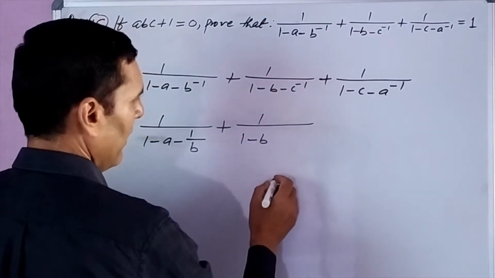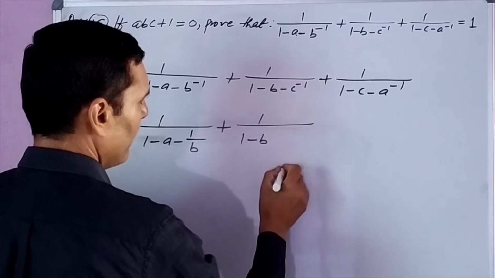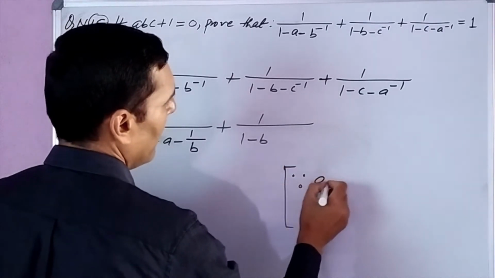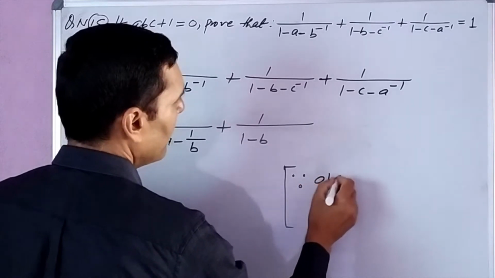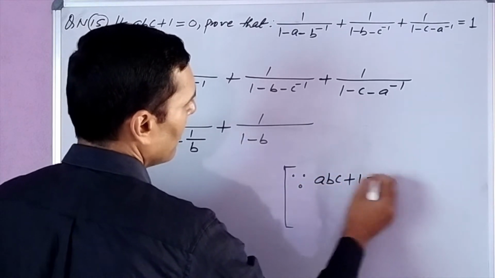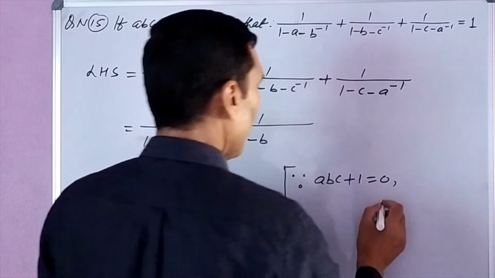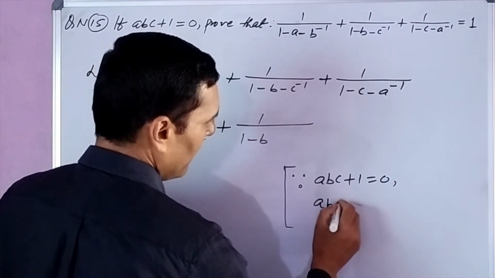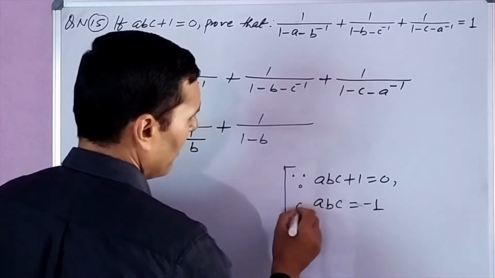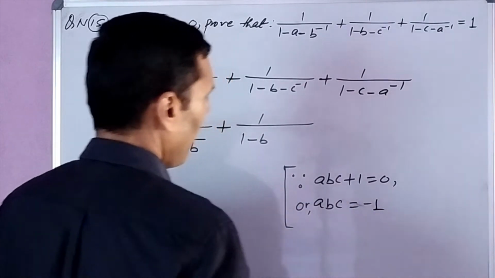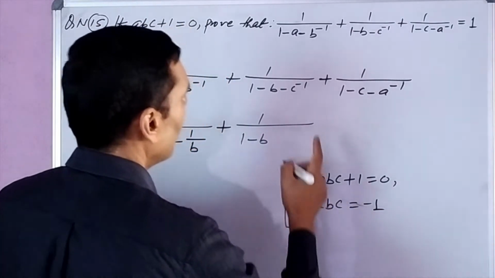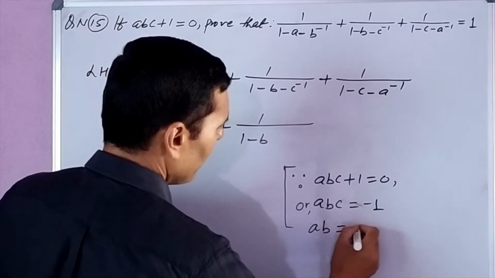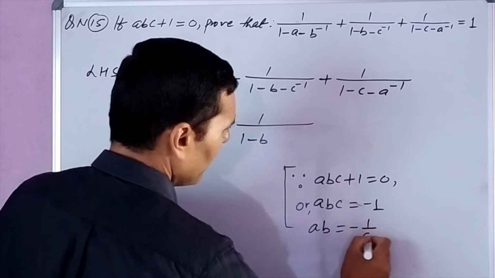Let's do it here. We are given that abc plus 1 is equal to 0, or abc is equal to minus 1. First we need the value of c to the power minus 1, that is, ab is equal to minus 1 upon c.